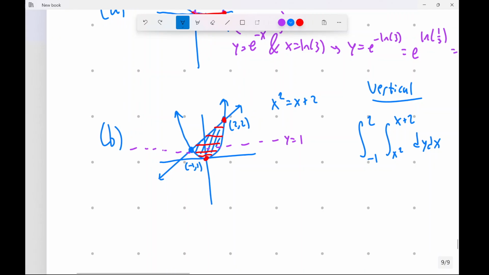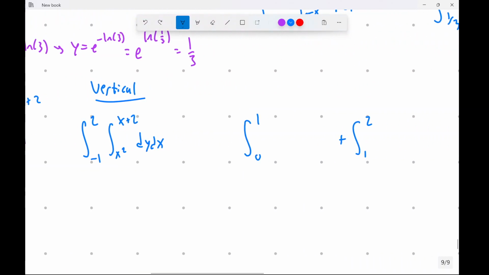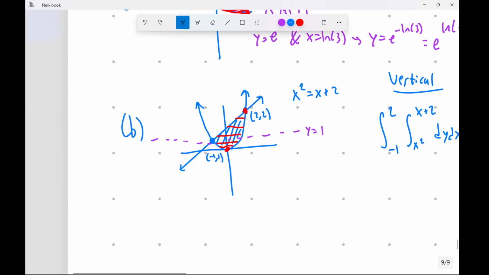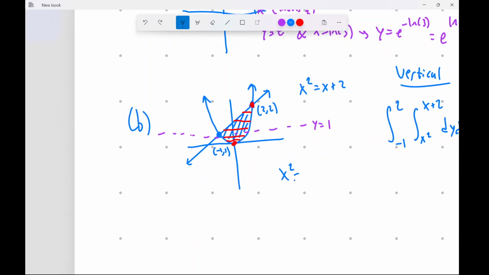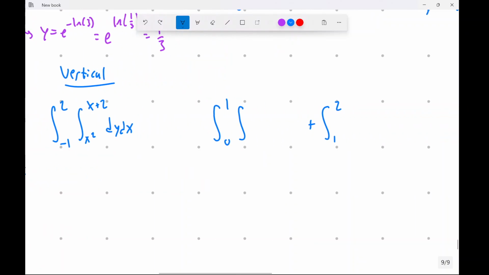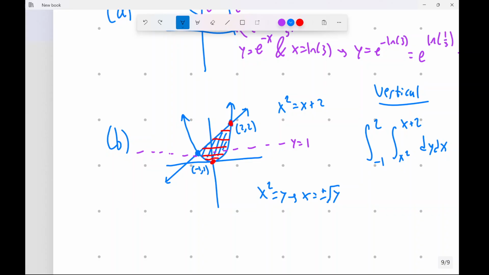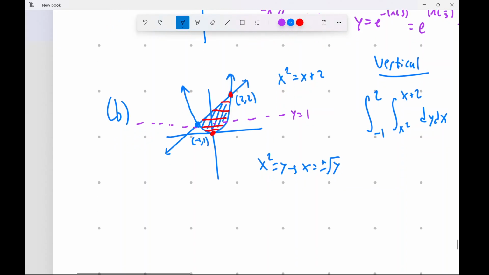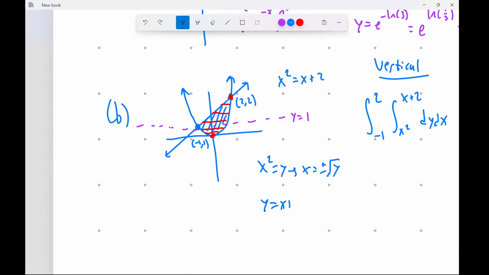Okay? Once we've done that, if we're below that line, then we're between the two x squared curves. So if we solve for x, we get x is equal to plus or minus root y. And so the bottom one is going to be negative root y, and the top one is going to be positive root y. And then if we're in the upper region, the left curve is going to be x plus 2.